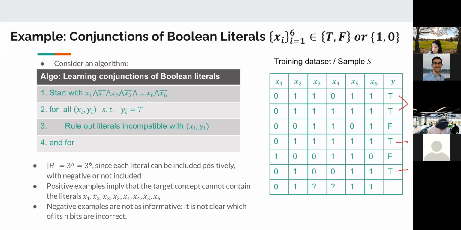However, it's easy to understand that negative examples are not as informative, right? Because you don't know which one is making the mistake, so you cannot really rule out things. But it serves as information that there is something wrong in this expression. You need to figure that out, but you don't know which one is wrong. When it's correct, then you know everyone is correct, right? This is just the property of the conjunction. Okay, makes sense?